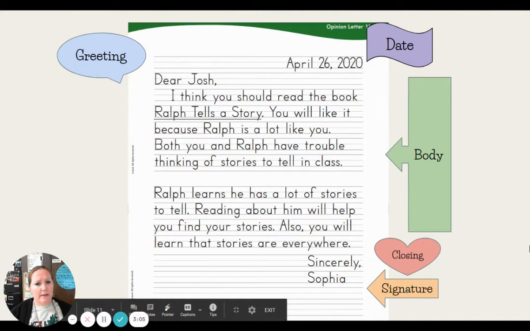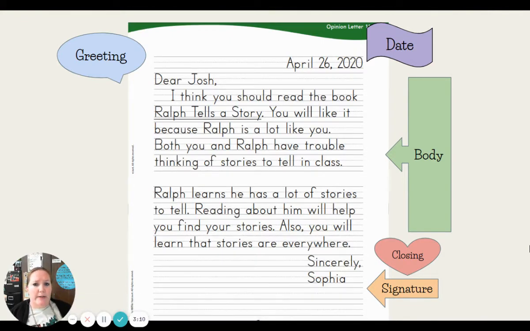So let's take a look at our letter from earlier, where the little girl Sophia was writing to her friend Josh about what book he should read. She has made sure to include those parts of a friendly letter. I went back and labeled them so that we would notice that they're all there. So at the top of her letter, she started with the date, April 26th, 2020. Then she has her greeting, Dear Josh, with her punctuation mark of a comma.